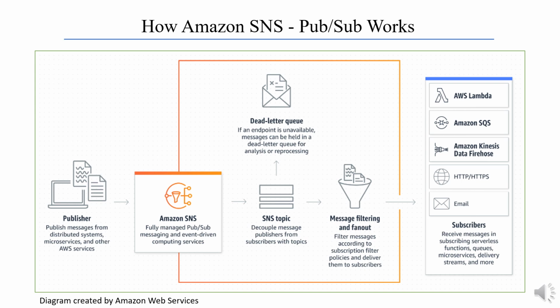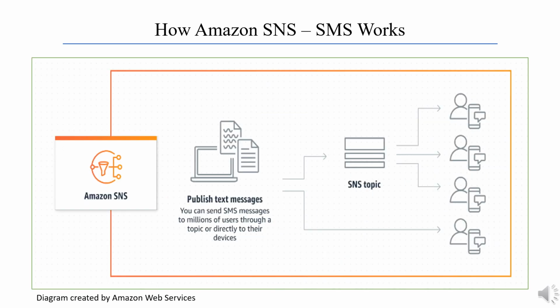Now let's see how Amazon SNS SMS works in an application environment. Amazon SNS maintains messages in topics that you define. The message that belongs to a topic is pushed to the subscribers of that specific topic. The diagram is created by Amazon Web Services.